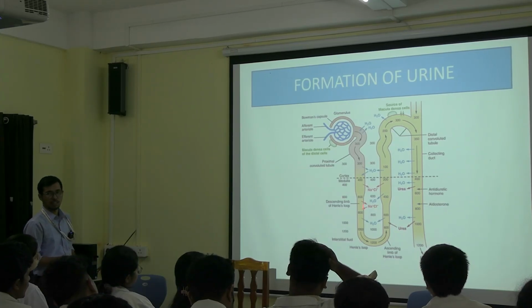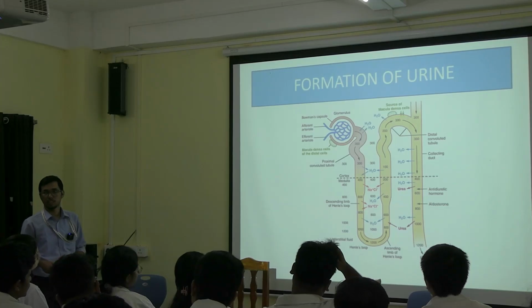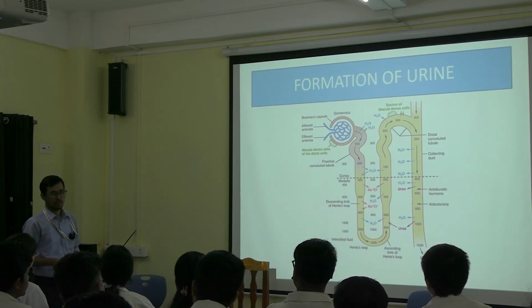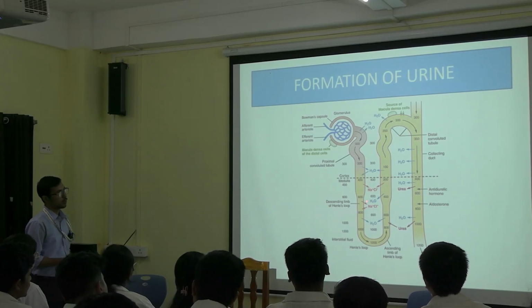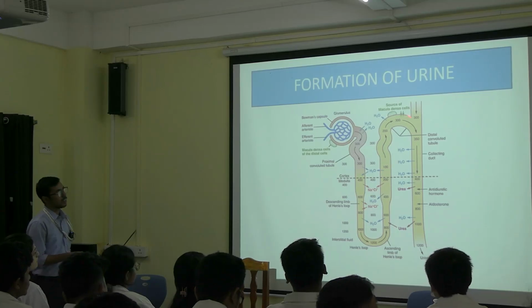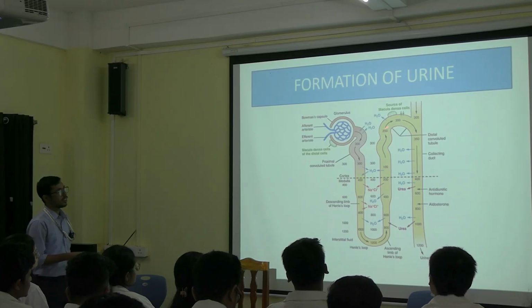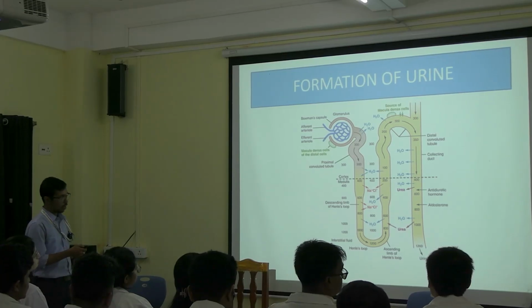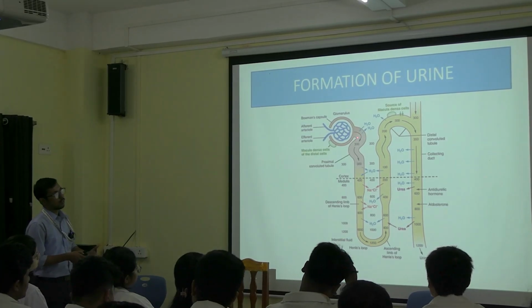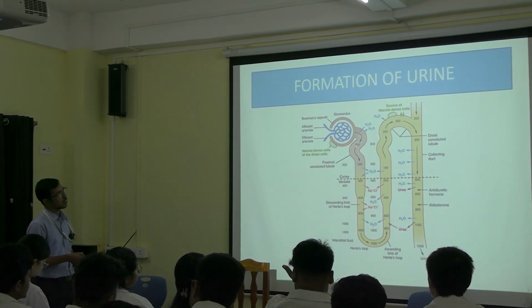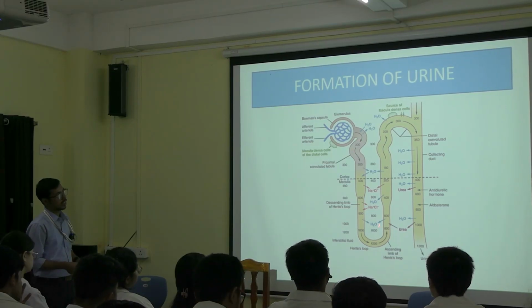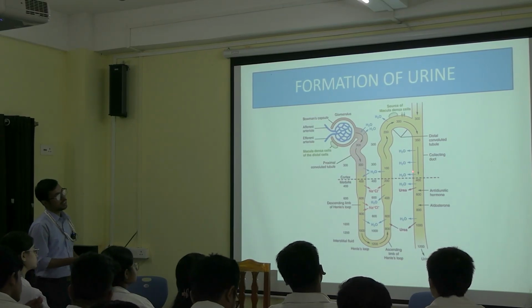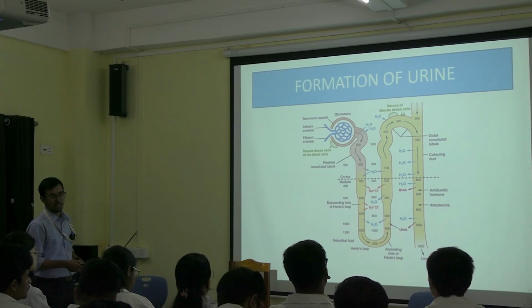What comes after PCT? Descending. This is the descending loop, then ascending, and then distal, DCT, and then collecting duct. Okay. So slowly, the osmolarity of the filtered solute increases, and then again decreases, and then here it is excreted out.